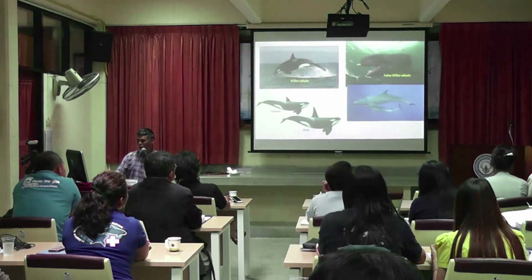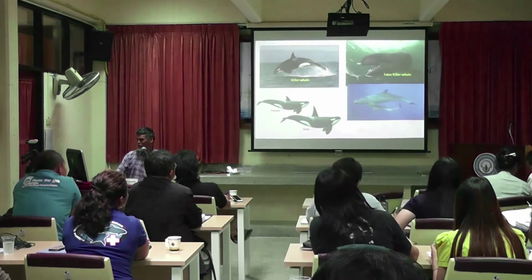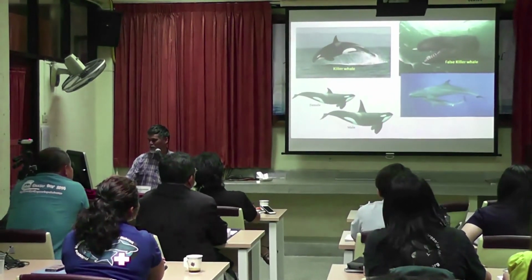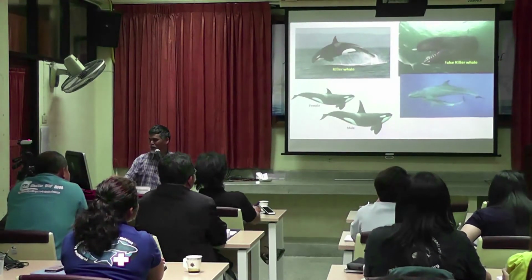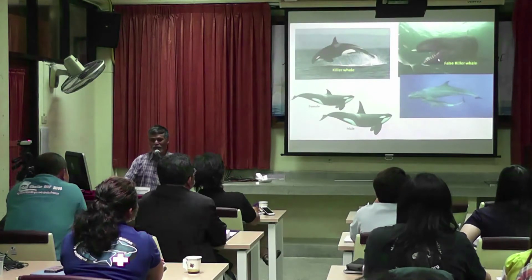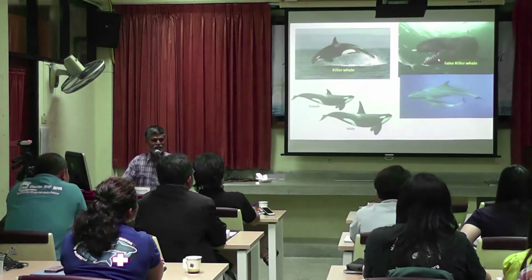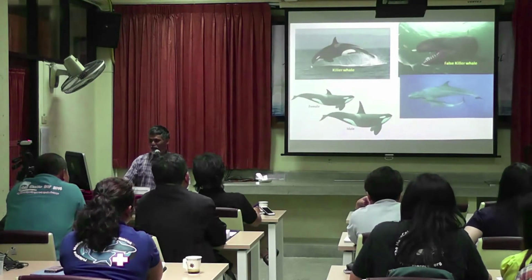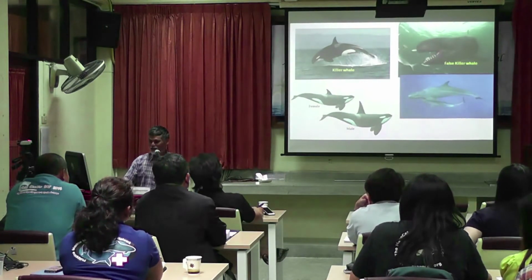Also the killer whale has many populations, and the false killer whale still has the same population throughout the world. They look very similar to the killer whale in their shape and their behavior, because this one loves to eat big fish like tuna and billfish. They can hunt in a pack. But the killer whale is very varied. Even the stingray, they like to eat the stingray.